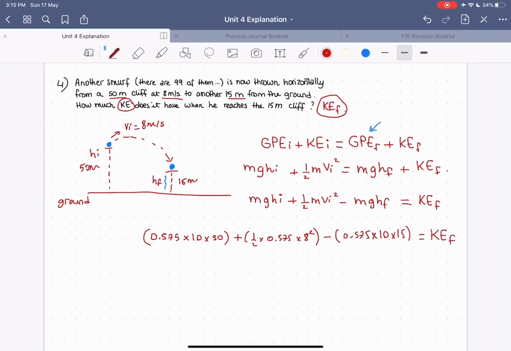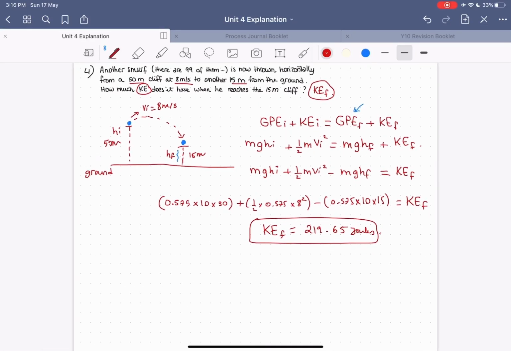That's KE final. So by doing the math calculation, you will get 219.65 joules.